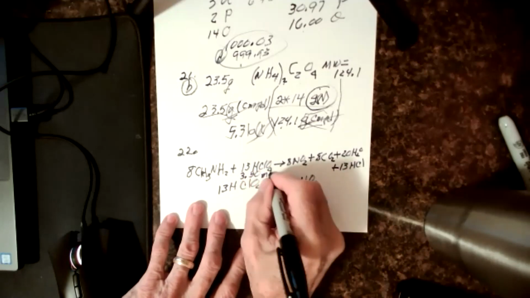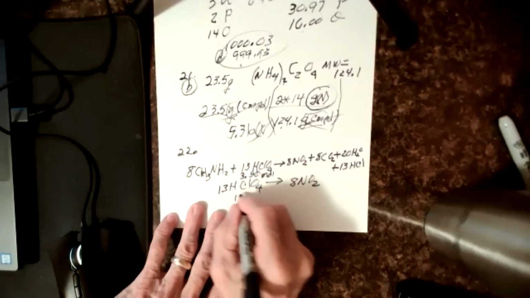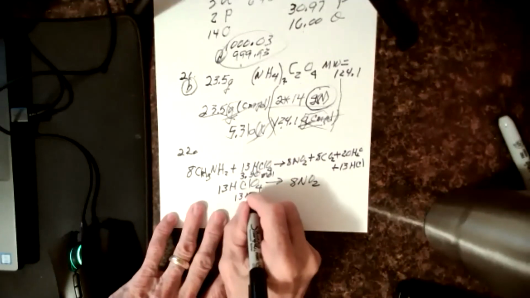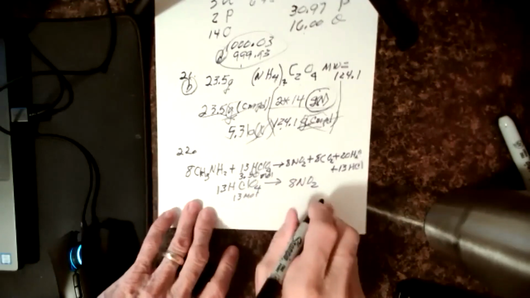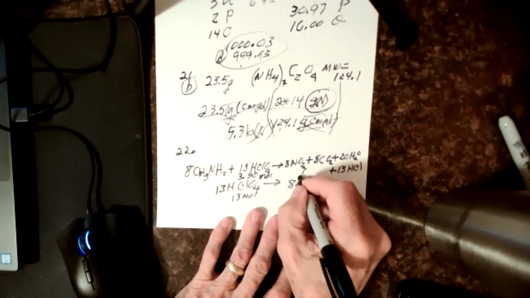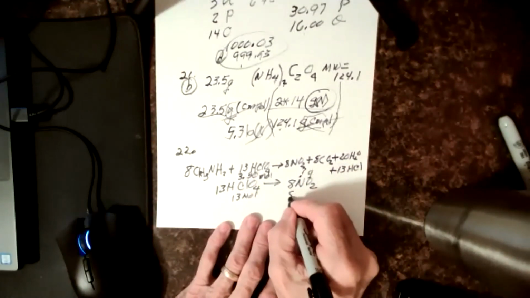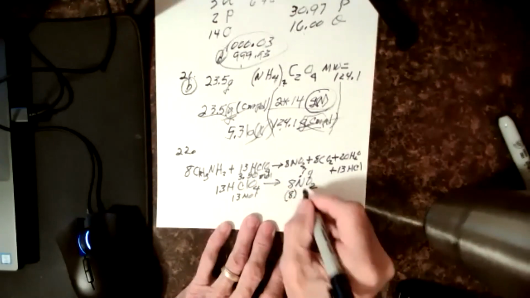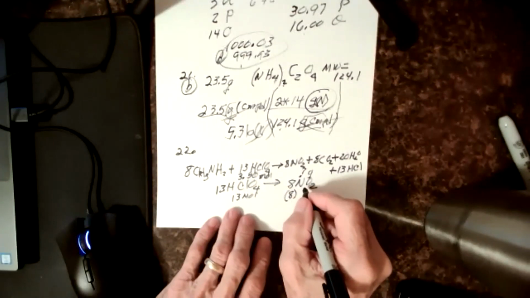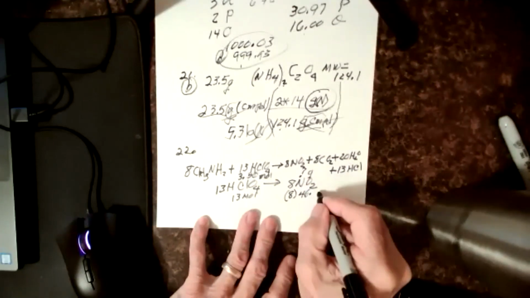My unit is moles. How many moles does the equation show? 13 moles. And it wants to know what mass. So I'm going to say how many grams. And what does the equation show in grams? Well, it's 8 times the molar mass of NO2. It's given in the problem, it's 46.01.